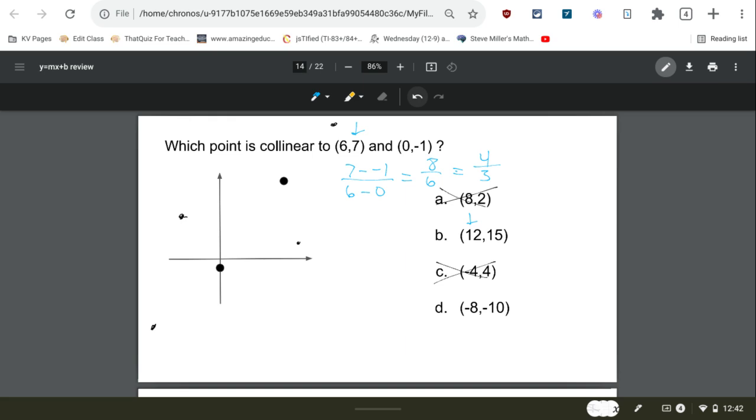So if I do 7 minus 15 over 6 minus 12, that'll tell me the slope between those 2 points. Negative 8 over negative 6, and yes, this will reduce down to 4/3. Because the slopes are a match, that point must be collinear to the other 2 points.